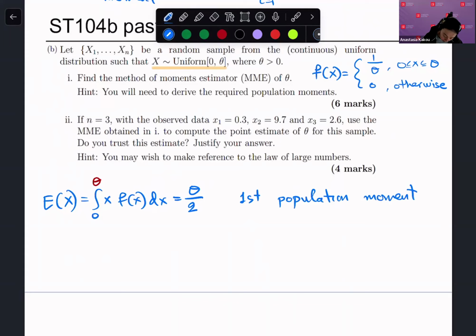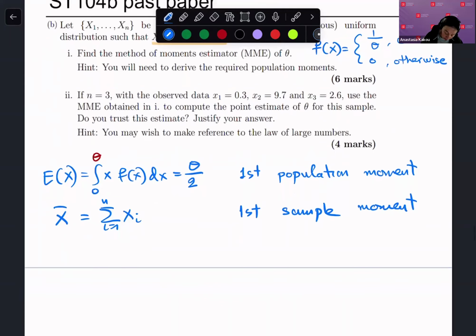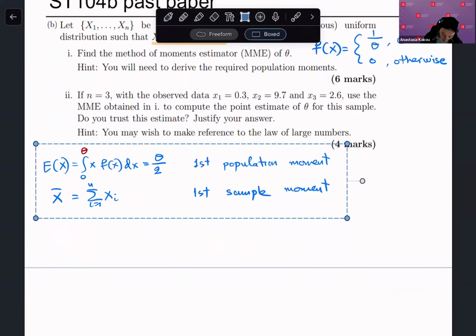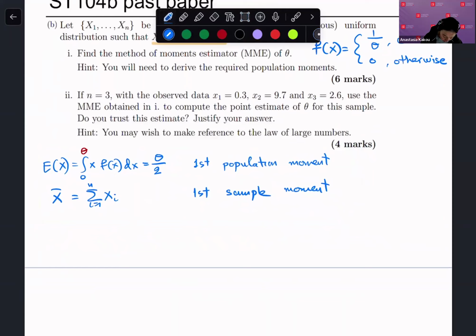And then for the first sample moment, we always take the sample mean. So this is the first sample moment. And what we do is create the equation E of x is equal to x bar.